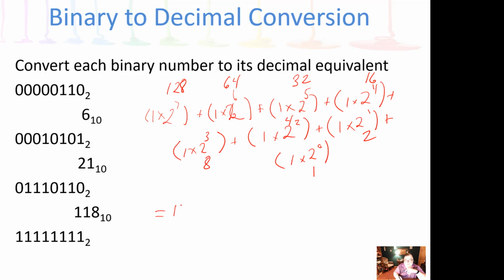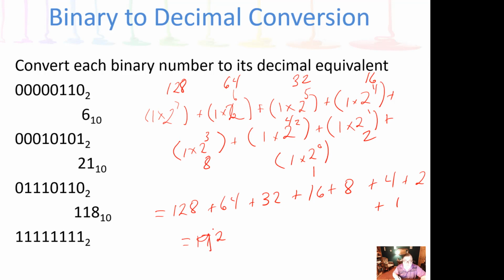So what I end up with is 128 plus 64 plus 32 plus 16 plus 8 plus 4 plus 2 plus 1. 128 and 64 is 192.